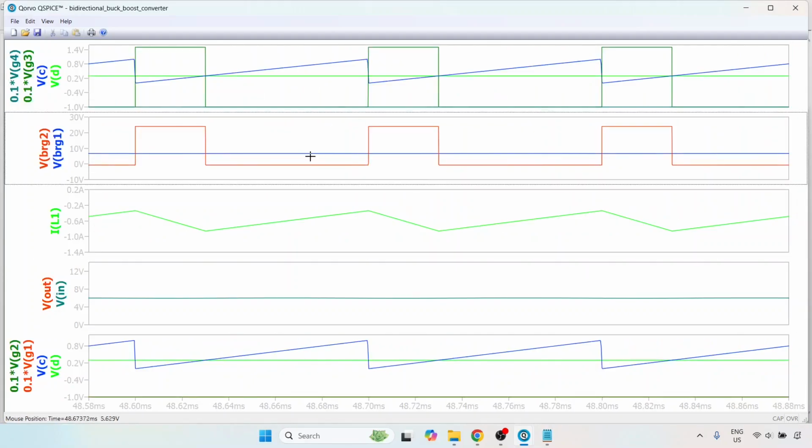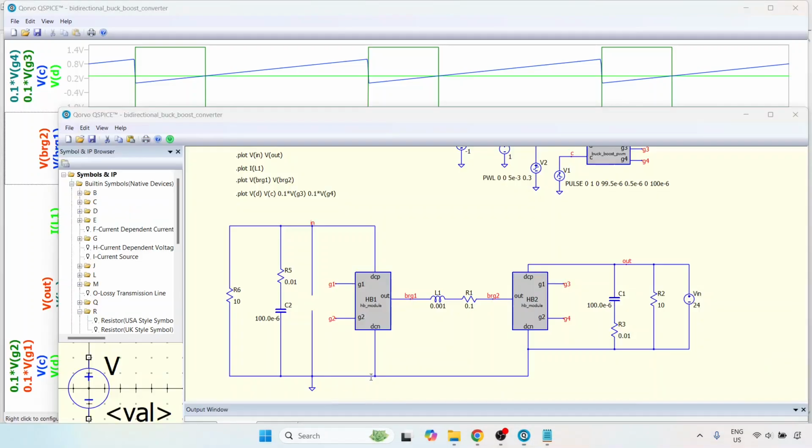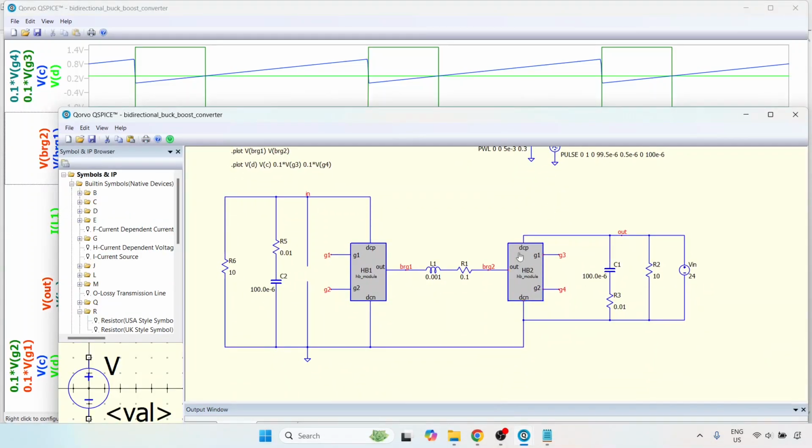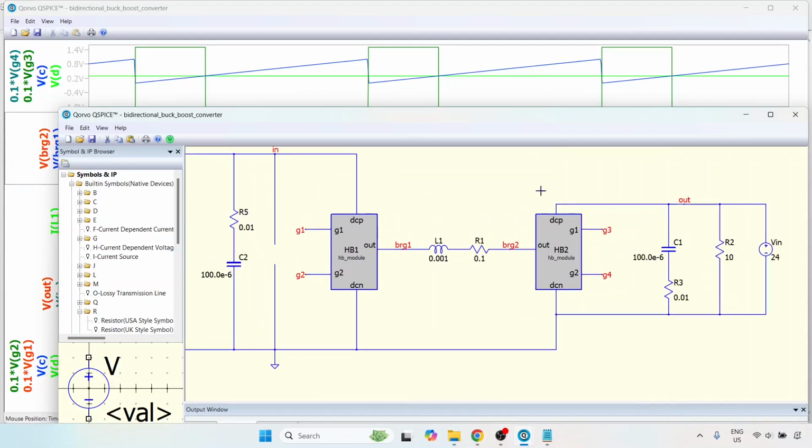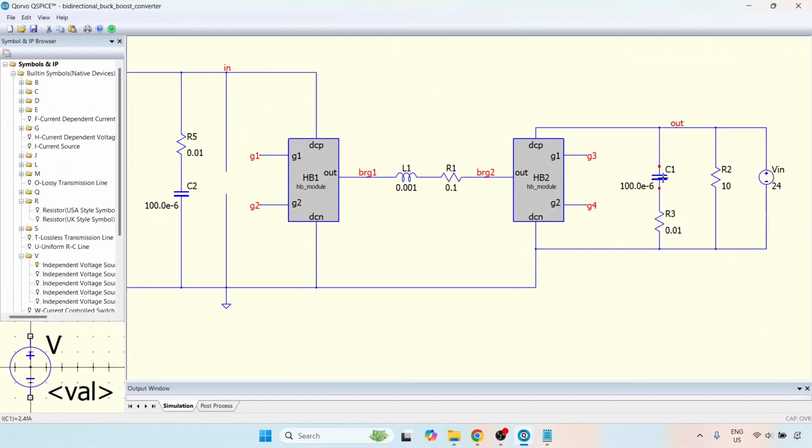If you take a look at the bridge output voltages, now you will see that the BRG2, which is the red waveform, is a switched waveform. And the reason for that is because in the reverse boost mode of operation, we have the device M3 conducting. Remember, in boost mode of operation, the output is greater than the input.